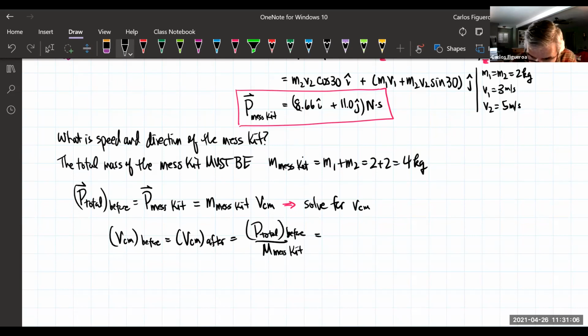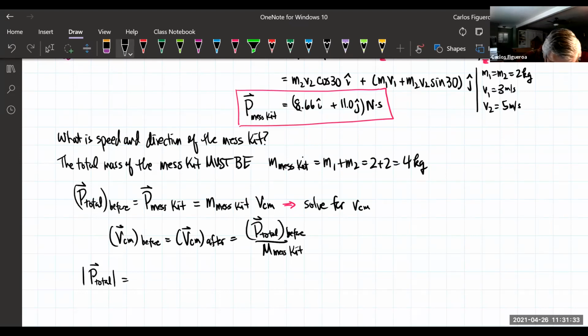So if I plug this in, since this is a vector, I should be careful, right? That's a vector. So now what I need here is the magnitude of the momentum. So what we'll say is, the total momentum, since it's a vector, I want its magnitude.